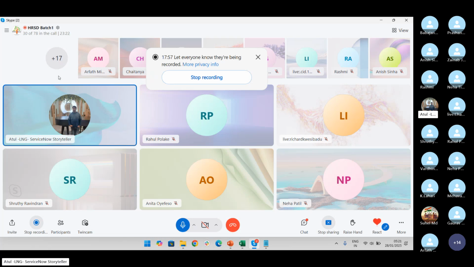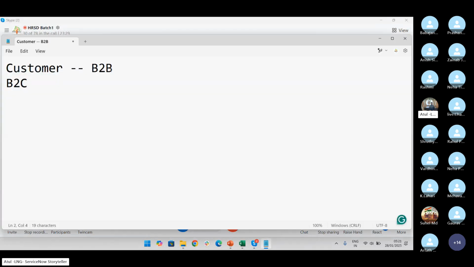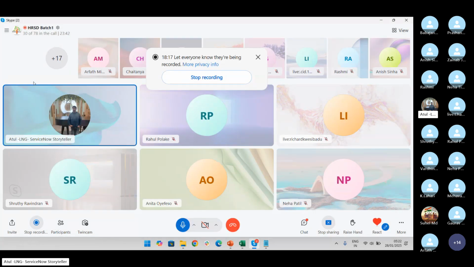This policy has been given to Rashmi by the company only. This fundamental is called B2B. But if Rashmi individually buys that policy from that company without involving her company in the picture, that is called B2C. Got the point? So ServiceNow says, are you using B2B or B2C?